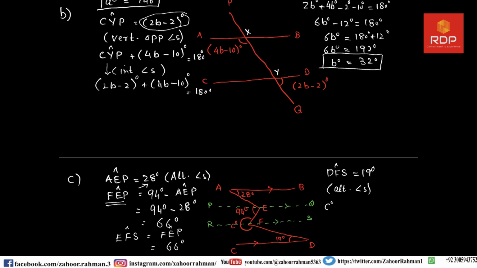Now C degree plus EFS, which we found is 66. That is why we are introducing this, plus DFS. We also found DFS here, and that is equal to 360 degree.